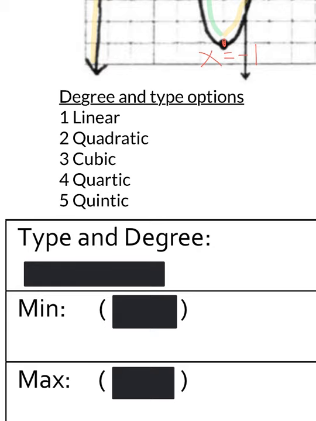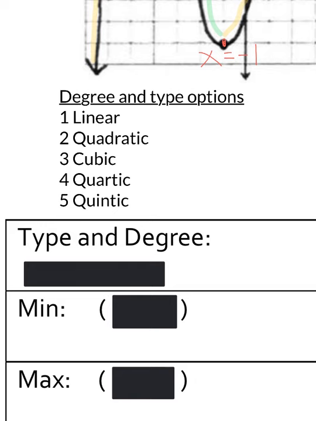First off, if we are going in one direction, then the type is linear. It's just a straight line. If our graph goes in 2 different directions, we have a quadratic function. 3 directions is cubic, 4 is quartic, like 4 quarters in a dollar, and 5 is quintic.